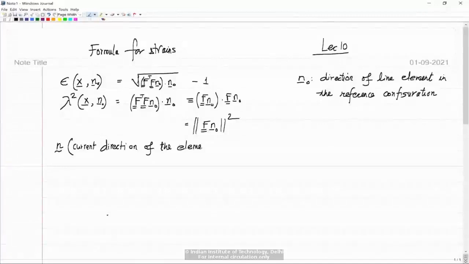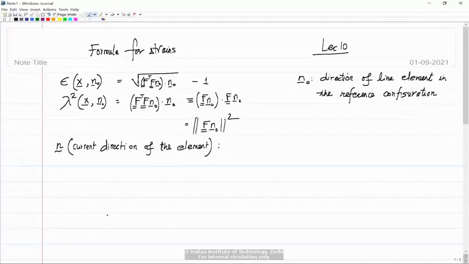So anybody, can you tell me what is the current direction of the line element? This is an easier question, of course. And I'm talking of infinitesimal line element.